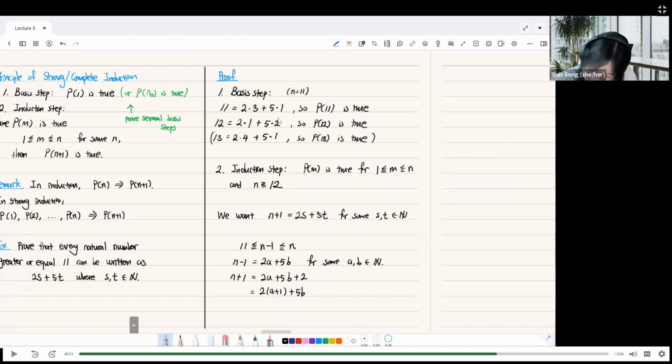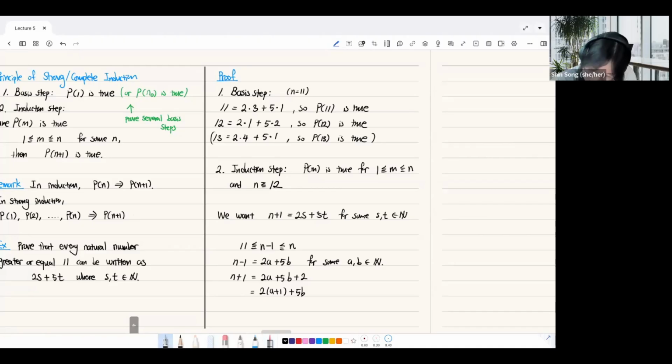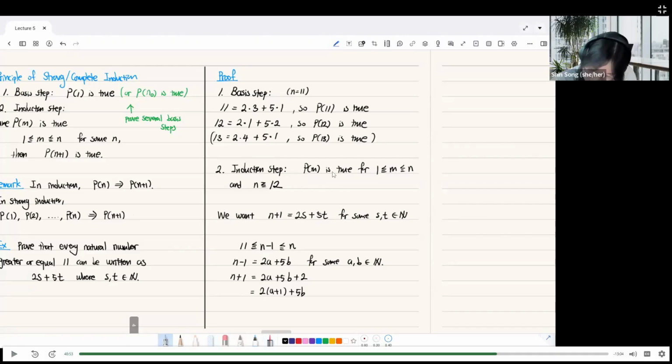Wait. Okay, so here she does, wait, hold on. What the hell's going on here? So P of m is true for 1. I don't think this is true, right?